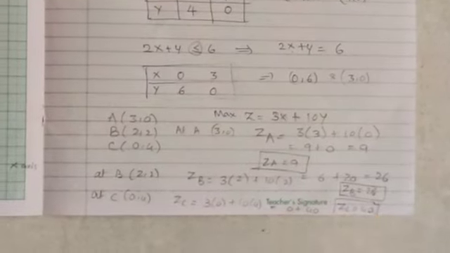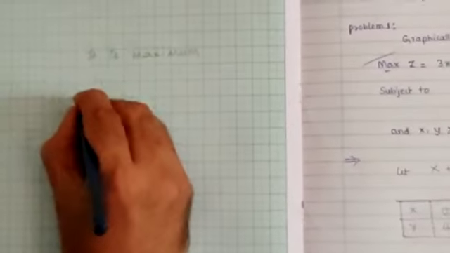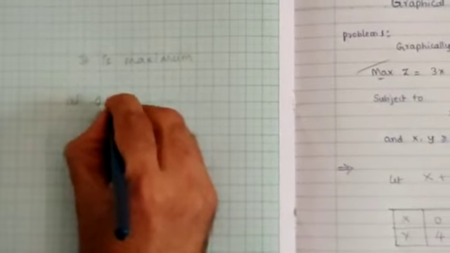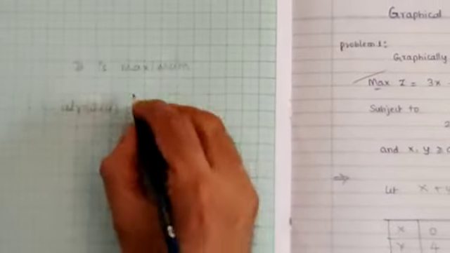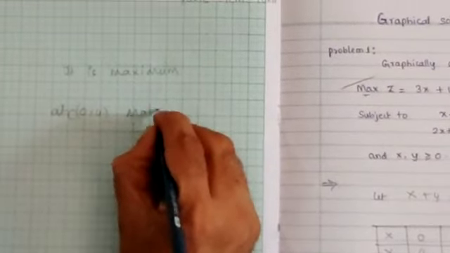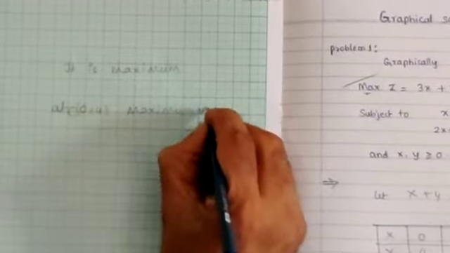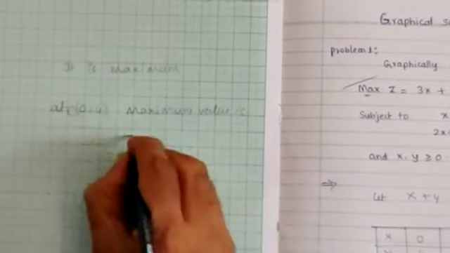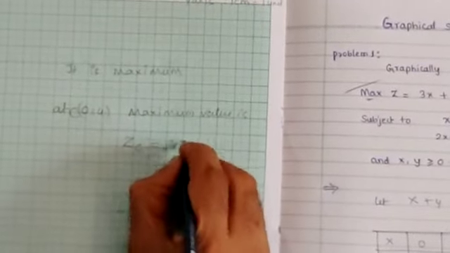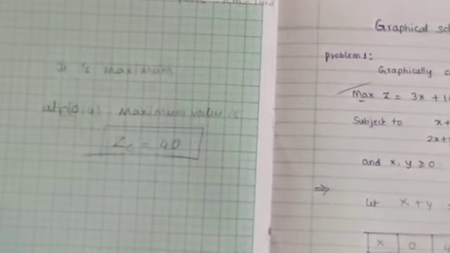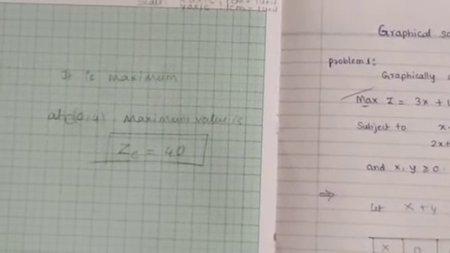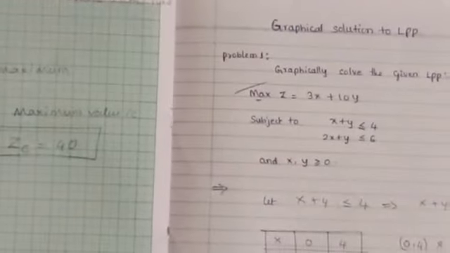That means it is maximum at 0, 4, that is C, and the maximum value is zc equals 40. This is how we get the solution to the given LPP problem.